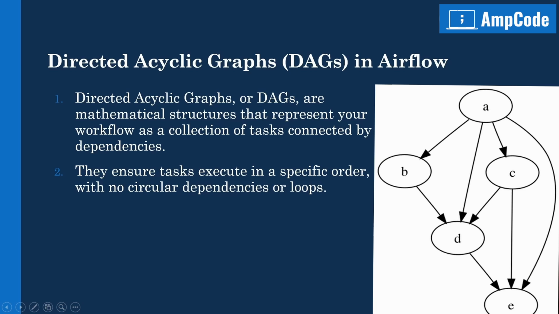So as you can see, the task C depends on task A, but task A does not depend on task C. If it is the case, then this is really a circular dependency, or we can simply say it as a loop dependency. So once you establish any such DAG in Airflow, it will throw an error. It will not accept it as a DAG. In a DAG, you will only have the executions in the specific order.